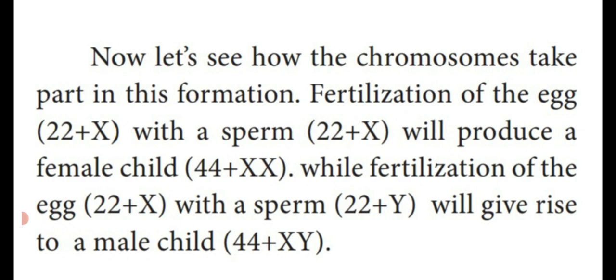At the time of fertilization, one egg fuses with the sperm 22 plus X, which forms the female child. Another fertilization, during fertilization, one egg 22 plus X fuses with the sperm 22 plus Y, which is denoted as a boy child or a male child at the time of birth, which contains 44 plus XY. That is sex determination in human.